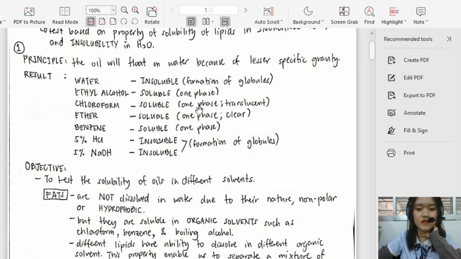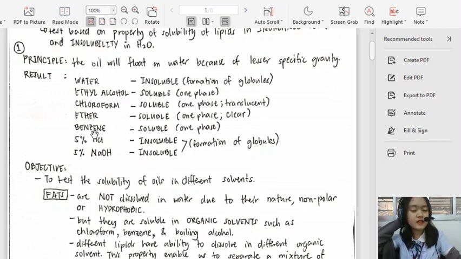The same with your chloroform. So, translucent yung color na form and one phase lang din. And the same with ether because your ether is an organic solvent. So, one phase, the appearance of the solution is clear. And the same with your benzene. Okay, soluble din siya to benzene, your cottonseed oil, and it forms one phase.